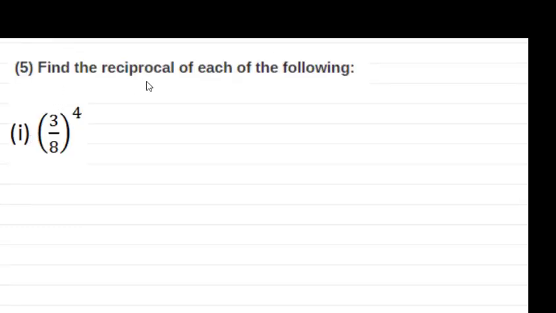The next question is: find the reciprocal of each of the following. So you have to find the reciprocal of the term here. First, the reciprocal of 3 by 8 to the power 4. Whenever you are finding the reciprocal, the power will remain the same.